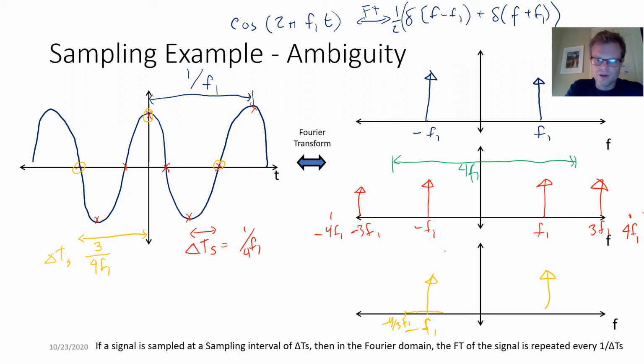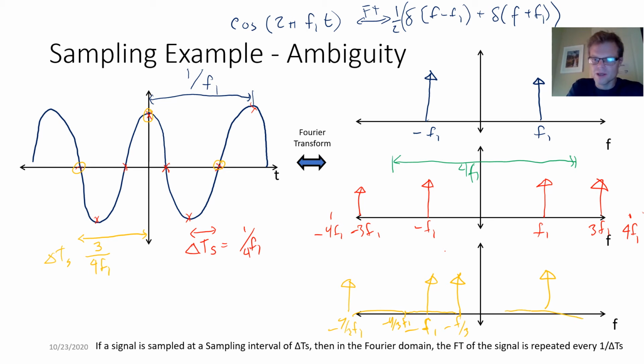So from here, we move down to f1/3, and we're going to get a delta function. We're going to get one over here at minus 7/3 f1.